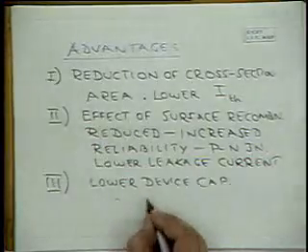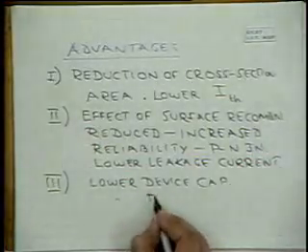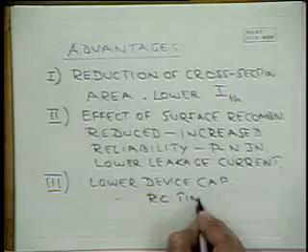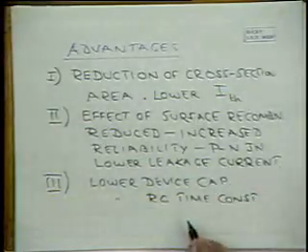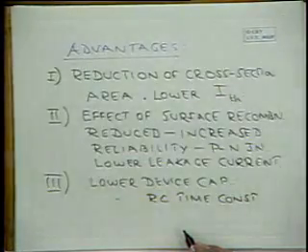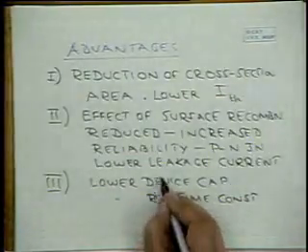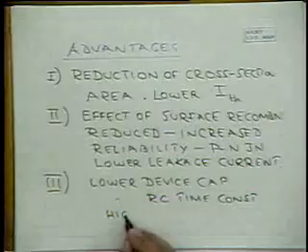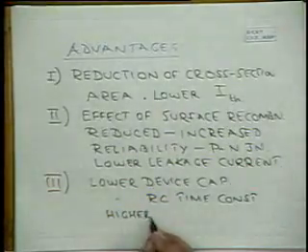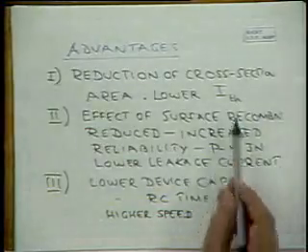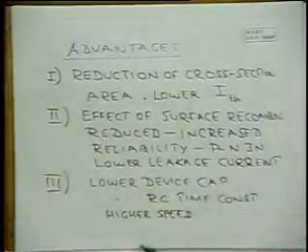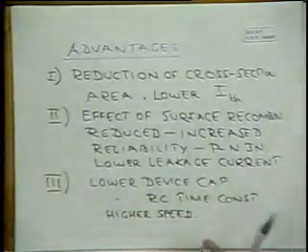So you have lower RC time constant. So this is one contributor to the temporal response. So you have higher speed. And remember, reduction of an area by a factor of 10 will obviously reduce the device capacitance and increase the speed.